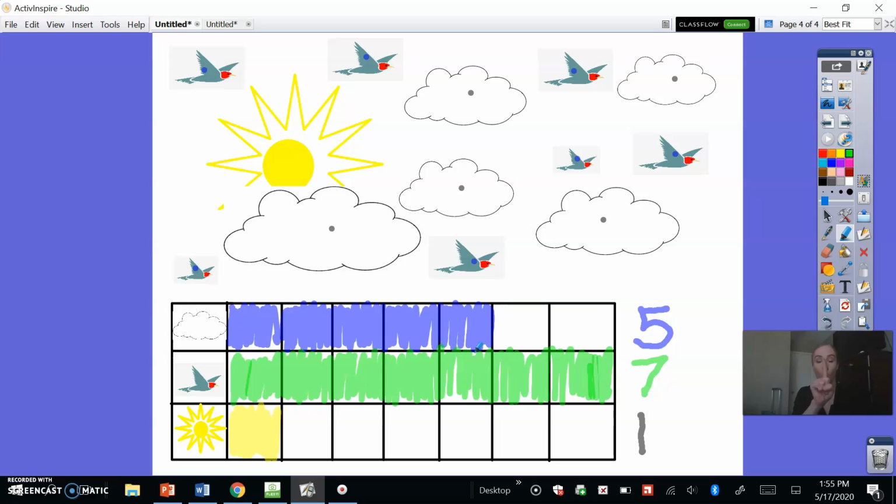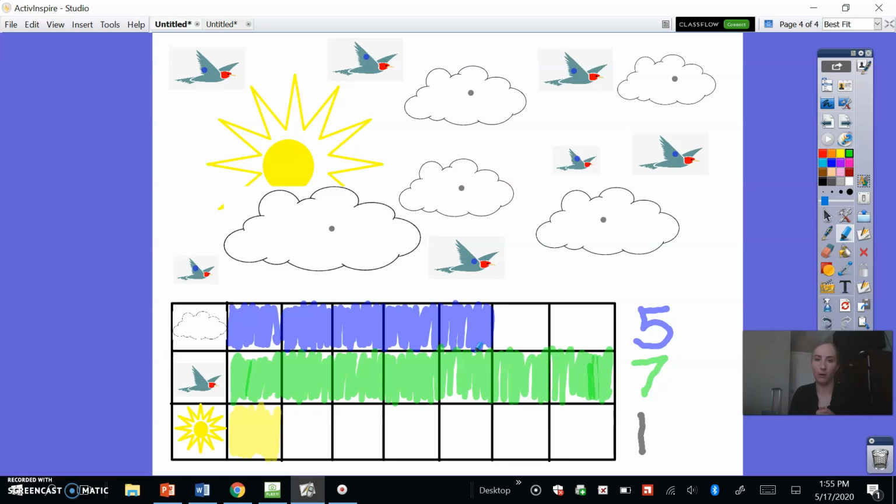Good, the sun. There was only one sun, so it has the fewest. Which object in the sky had the greatest amount or the most? Good, the birds, because there were 7 birds. And the one in the middle, it didn't have the most and it didn't have the least, was the clouds, because they had 5.